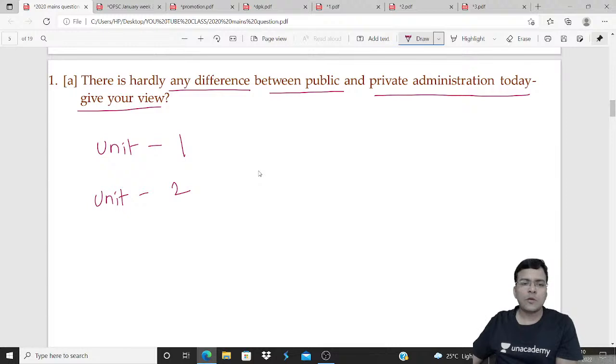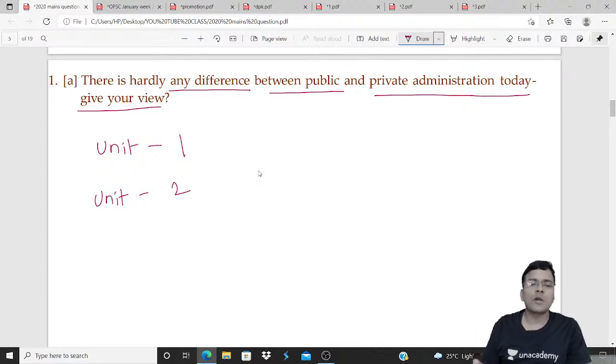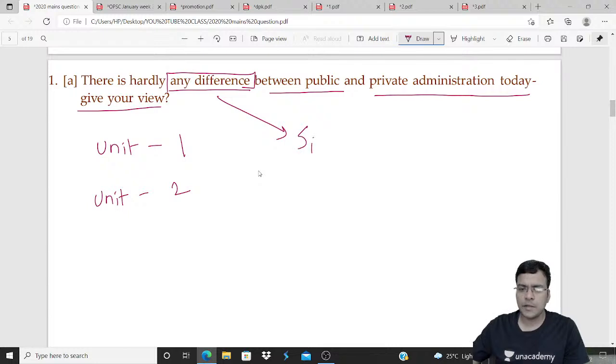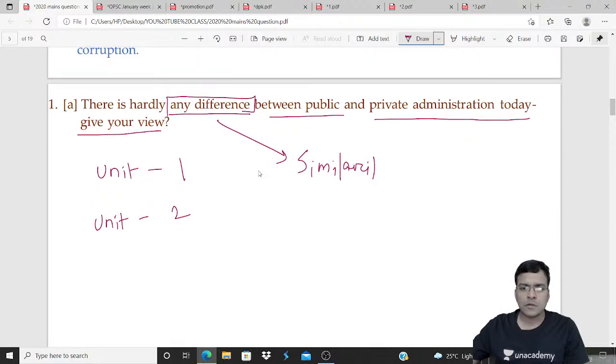In Unit 1, we have discussed public and private administration, similarity, difference and contemporary approach. So you have to write hardly any difference. That means similarity between public administration and private administration.